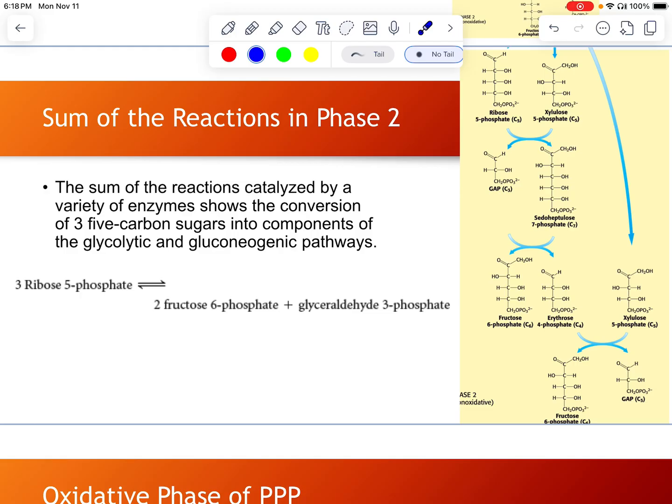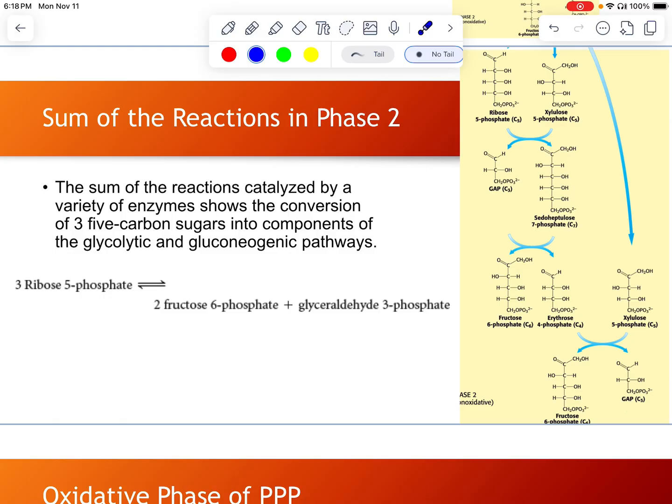Just for one interesting piece, this molecule right here is actually the precursor of histidine, this 4-carbon molecule. And another interesting piece is, notice at the very bottom, if we carried this out all the way down, which sometimes we will, sometimes we won't, we would end up with these fructose, these 6-carbon sugars, and the GAP, this 3-carbon sugar that we've seen before.